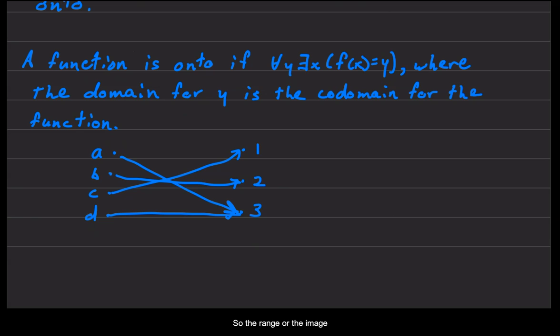So the range, or the image, is equal to the codomain, and that makes it onto.